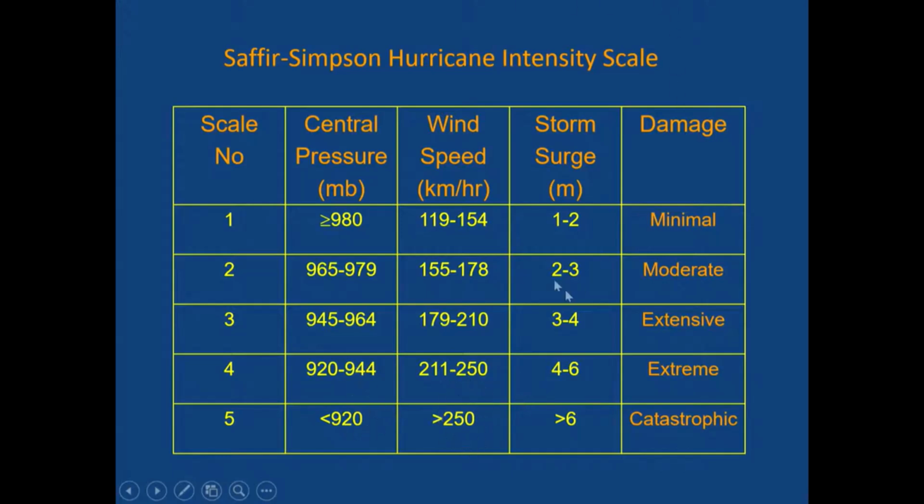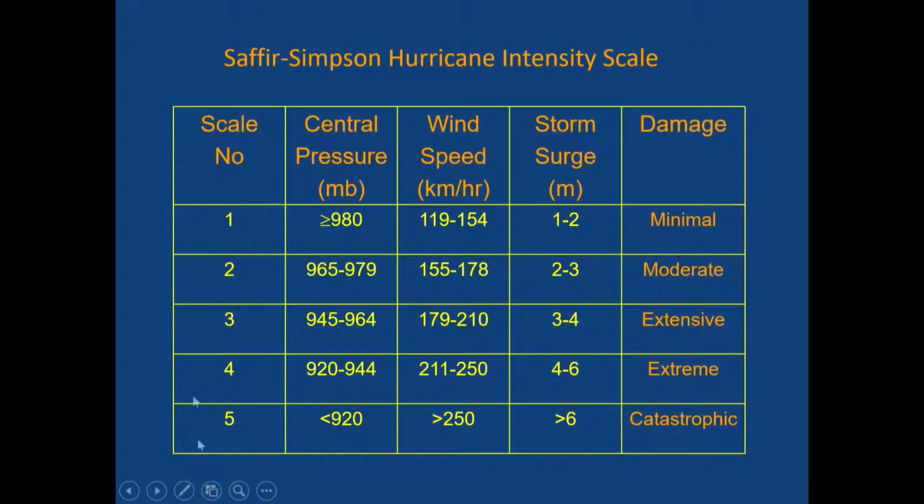The storm surge water will be 1 to 2 meters for scale 1, and the damage will be minimum. If it increases further, damage is moderate, and damage will be extensive when it is 3 to 4 meters. Extreme damage you can witness if the storm surge is 4 to 6 meters high, and greater than 6 meters it is catastrophic.